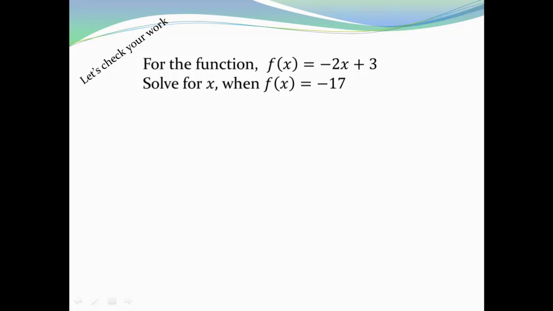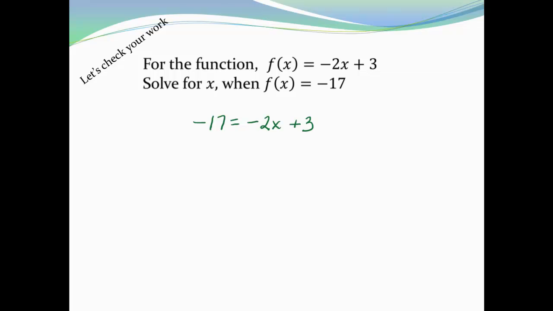For the function f of x is equal to negative 2x plus 3, we want to solve for x when f of x is equal to negative 17. So again, I'm going to substitute in negative 17 for where I see f of x in the function. So I have negative 17 is equal to negative 2x plus 3.